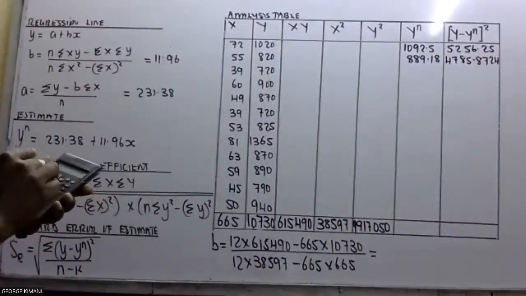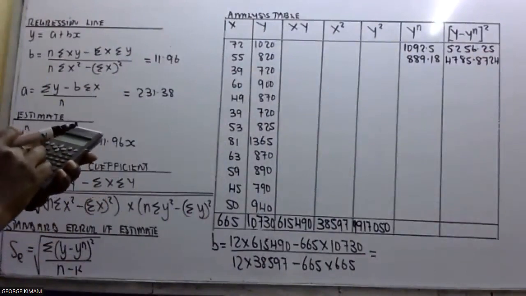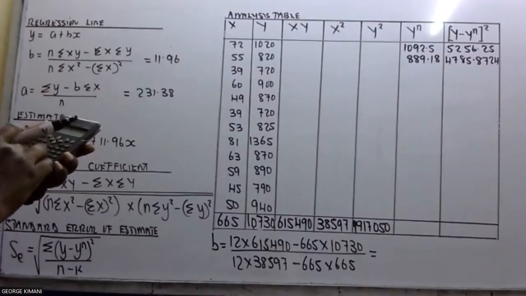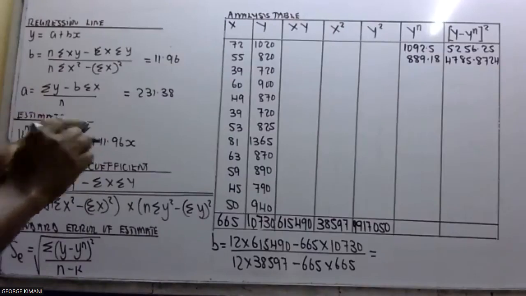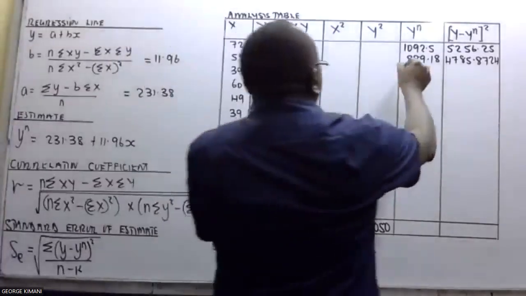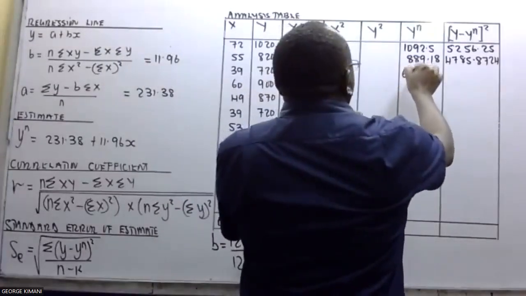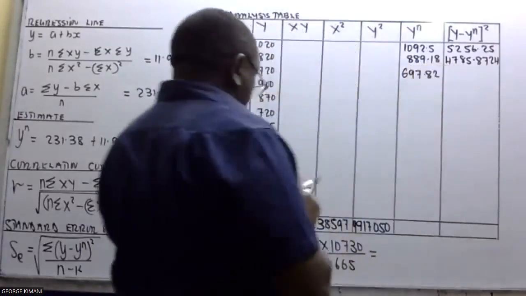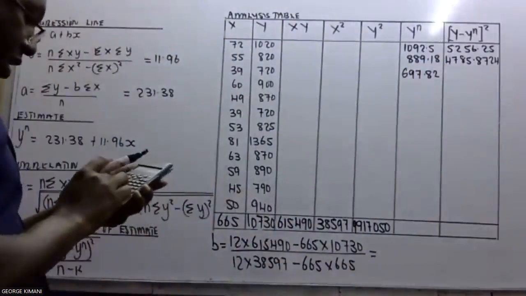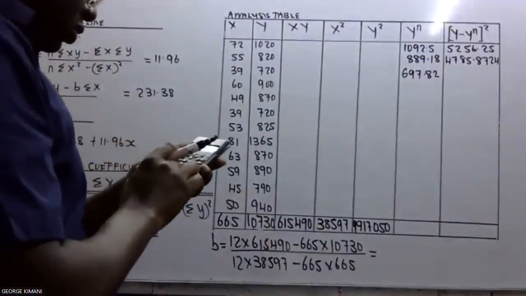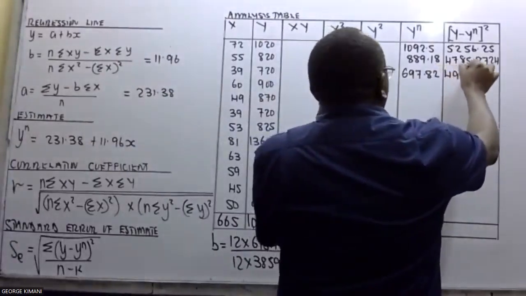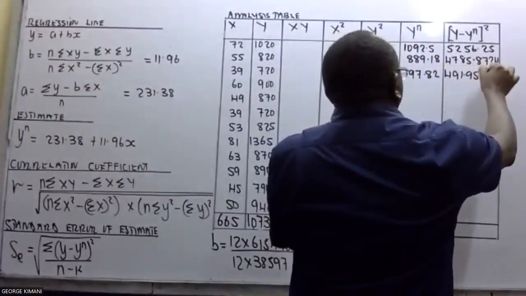We go to the next, same: 231.38 plus 11.96 times 39 equals 697.82. Then 720 minus the answer equals, you square, you get 491.9524.